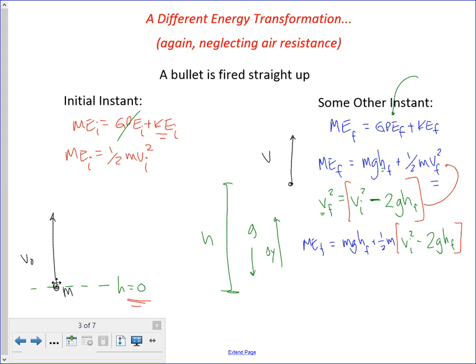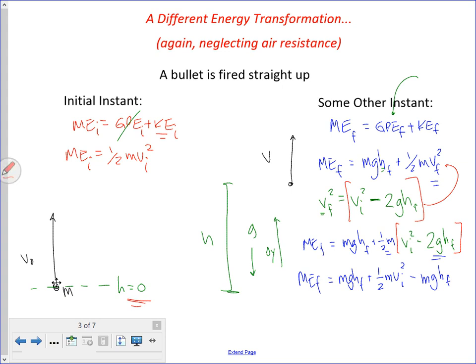Now, what does that leave us with? It says mechanical final is mgh final plus, I'll distribute, 1/2 m v initial squared, minus 1/2 m times that stuff, which is just mgh final. And what does this simplify to?